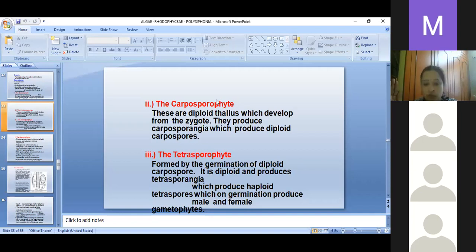The male gamete is the spermatium and the female gametophyte organ is the carpogonium. Both fuse to form the zygote, which produces carposporangia or carpospores, the diploid condition. This is the second stage.